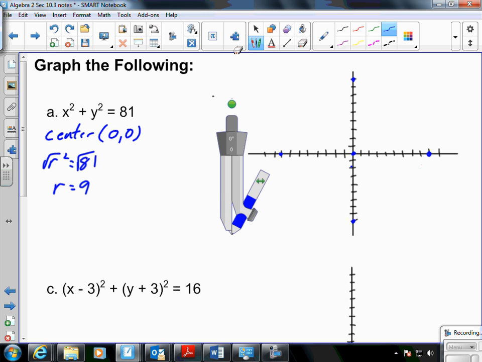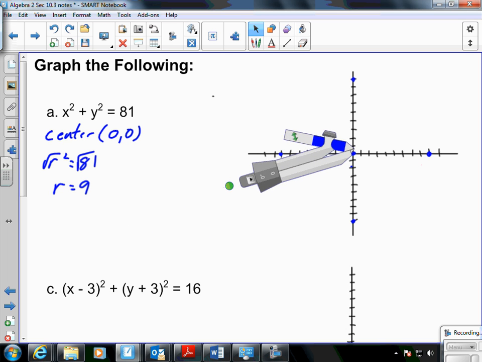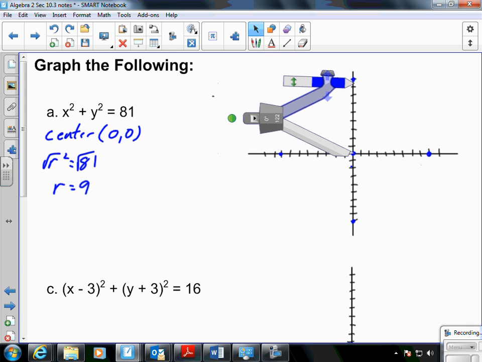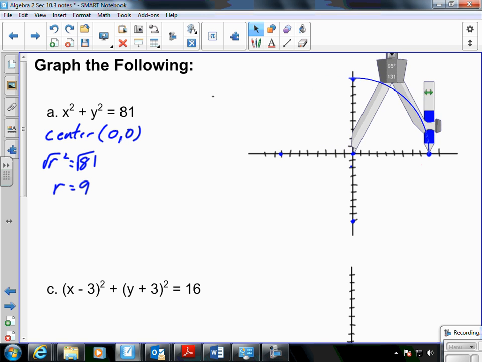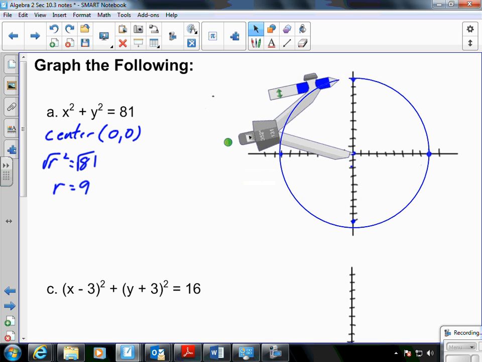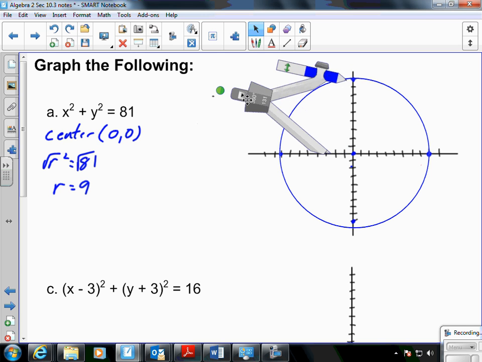And then I'm going to cheat here just a little bit. I'm going to use a compass to draw in my circle. Point at the center. Move it out to 9 wide. And we'll see how exact my graph is here. Guess my increments on the bottom were not quite as nice and neat as the increments on the top and left and right.